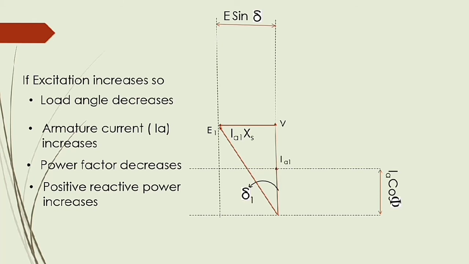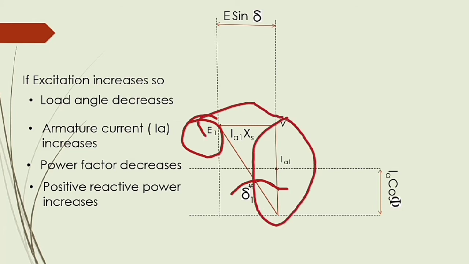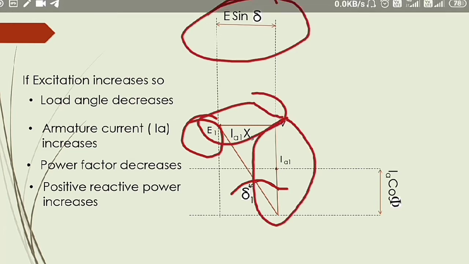So that's why we need the excitation to increase. Here you see, first the excitation is E1, and at that time the torque angle is del 1. This is E cos del, and this one is E sin del.